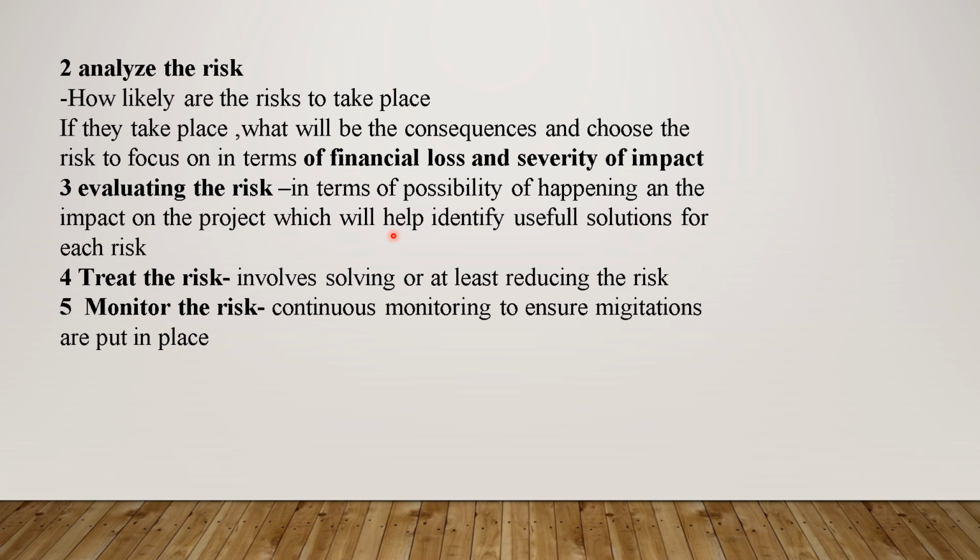After you have analyzed and then evaluated, you'll know how to treat it. Is it by diversification or by hedging? We have monitor the risk. After identifying, analyzing, evaluating, and treating the risk, you have to monitor the risk and ensure mitigations are put in place so that the risk does not reoccur.